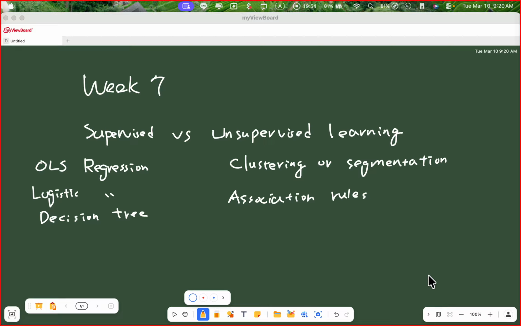Sometimes in regression we call it the error term. Error is the difference between your actual Y and your predicted Y. Got it? Do you have an idea?